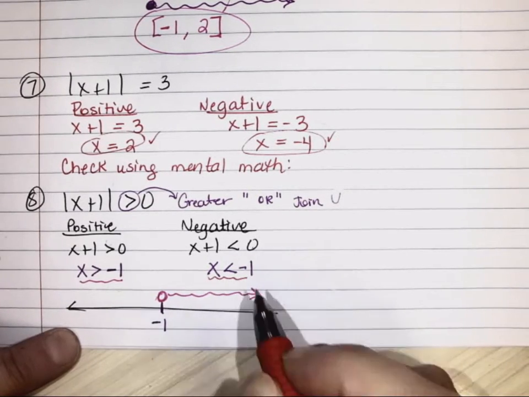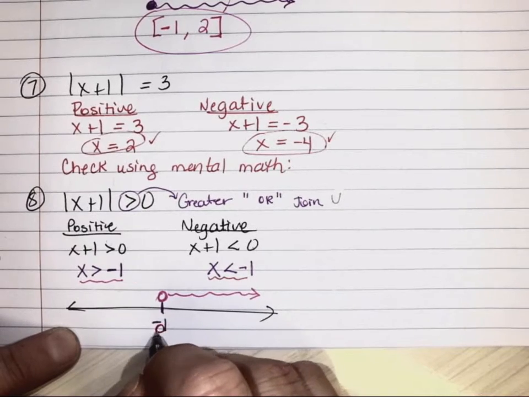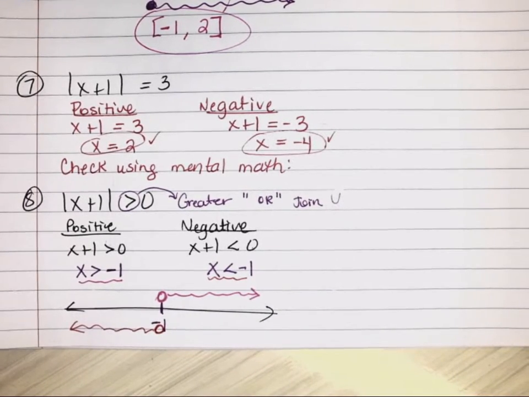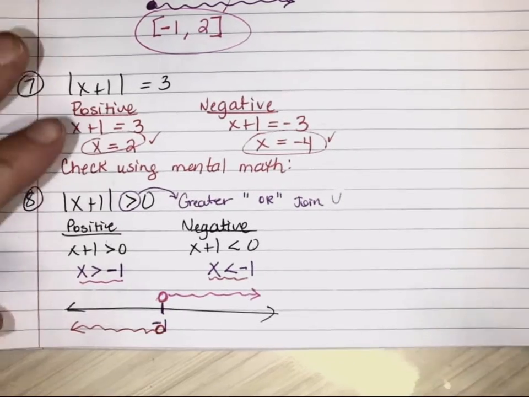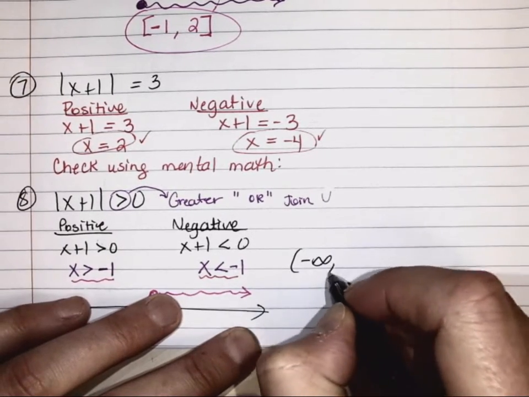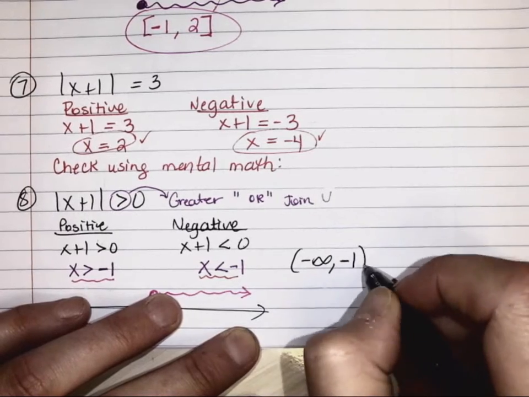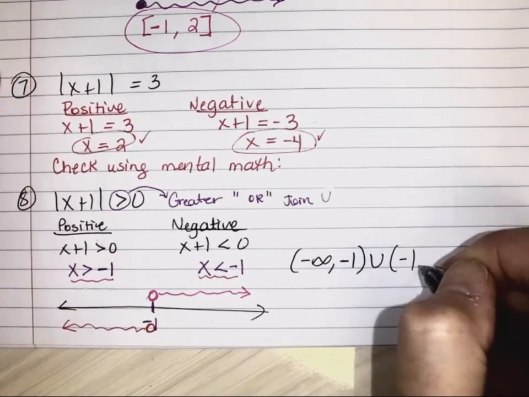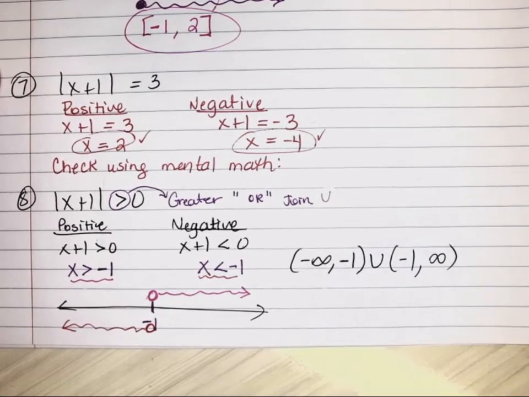Notice for this piece, I've got an open hole at -1, and it's shaded to the left forever. The only value that is excluded in this solution is -1. So if I'm writing that in interval notation, I say from -infinity to -1, parenthesis because it's not included, union -1 onto positive infinity.